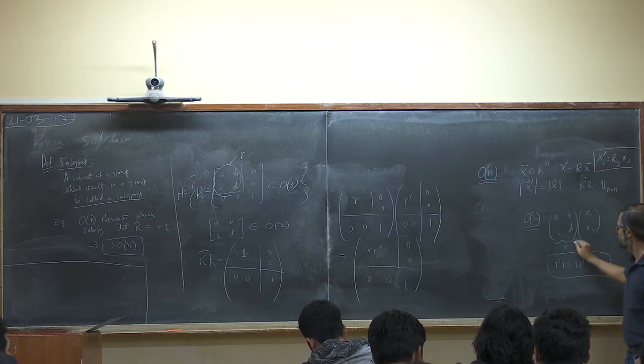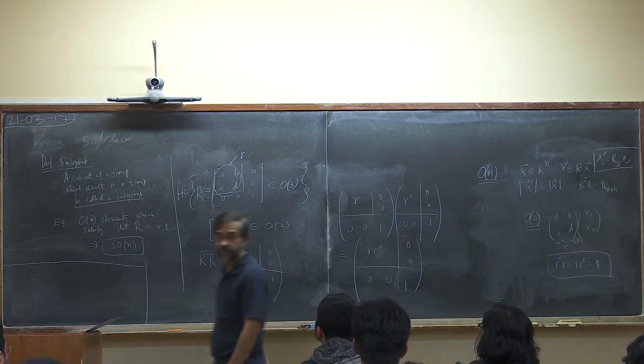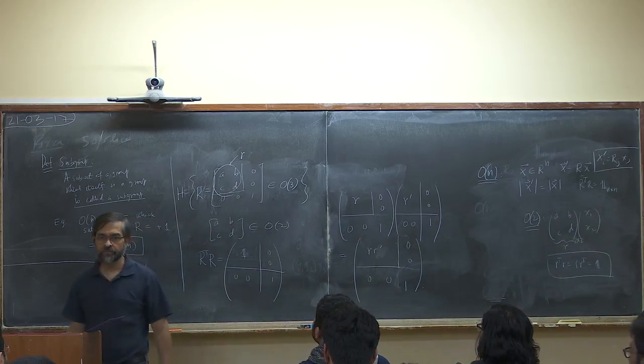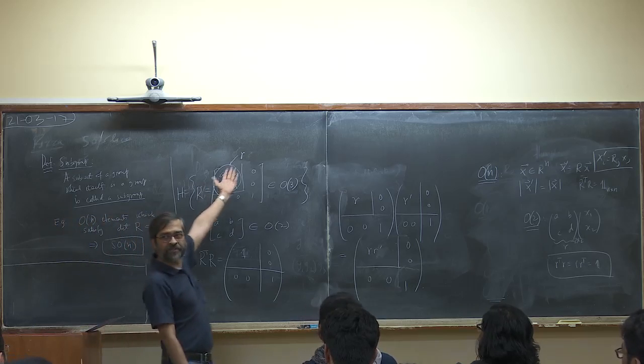Now this is a 2 by 2 matrix, and these matrices here are 3 by 3 matrices. So how can I say that this is O2? It certainly doesn't look like it. But of course, they are uniquely specified by some O2 matrix.